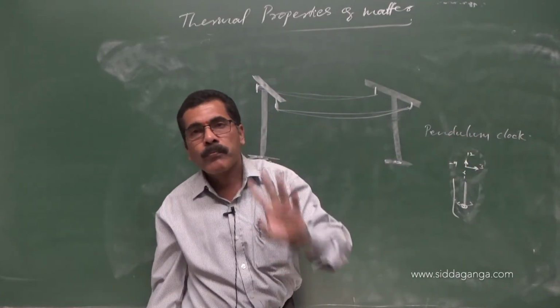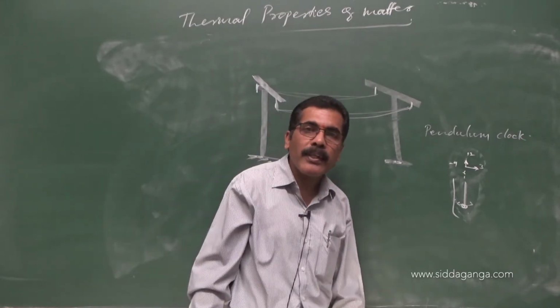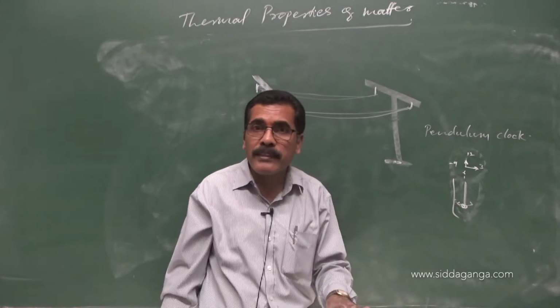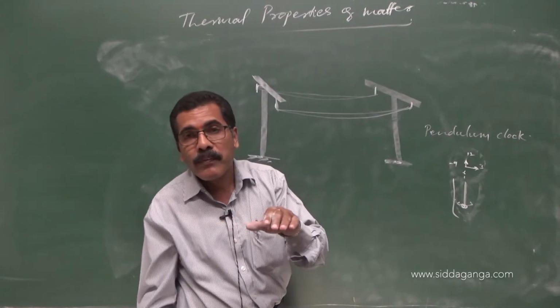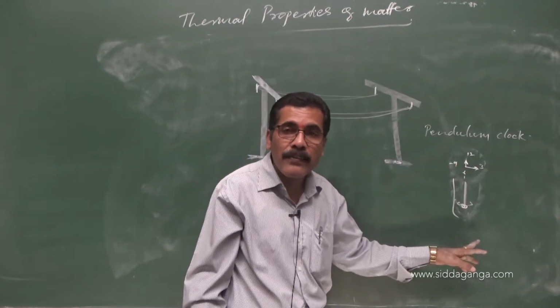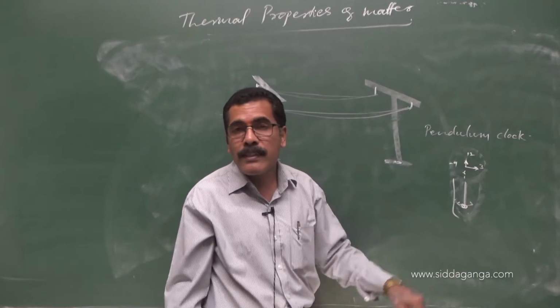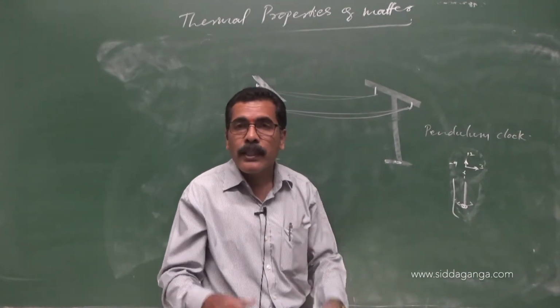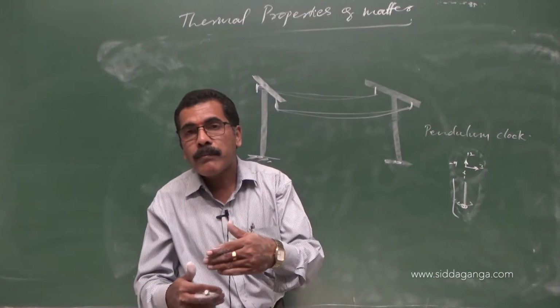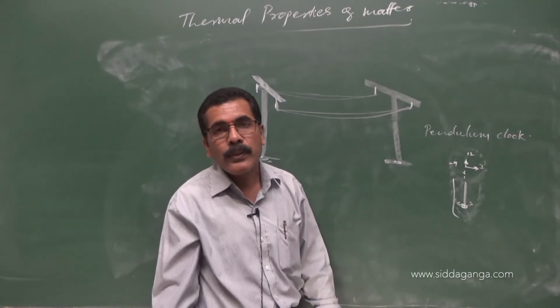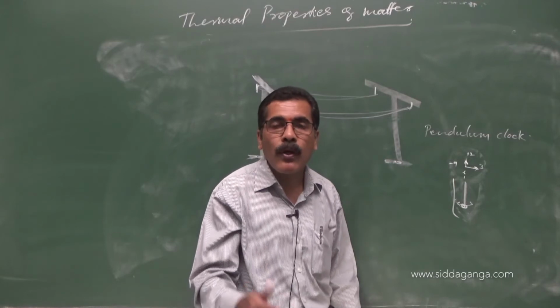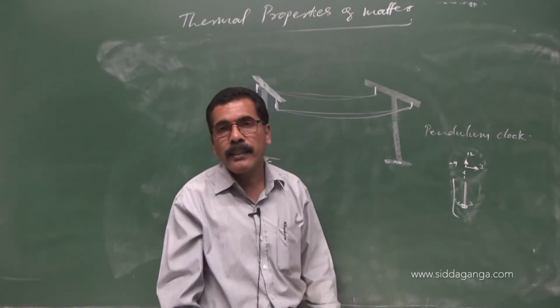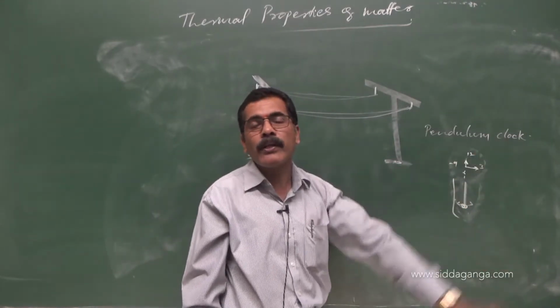During winter, because of the decrease in temperature, there will be contraction. When the length decreases, the period decreases. Therefore, the clock becomes faster, the clock records more time. See, that was the problem with the pendulum clock in olden days.